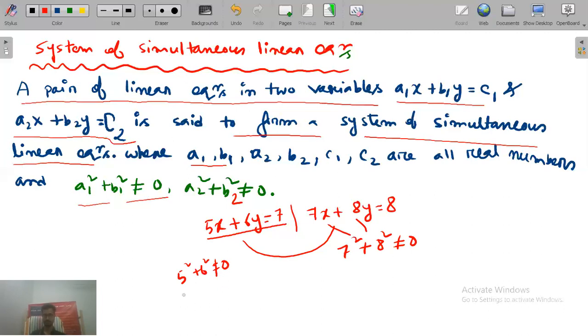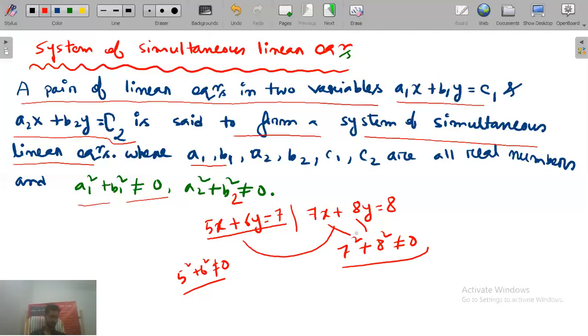If these two conditions are satisfied, then the two equations are said to be a system of linear equations. In the same way, a3x plus b3y equal to c3 will also be part of a system of simultaneous linear equations. So this thing you have to know.